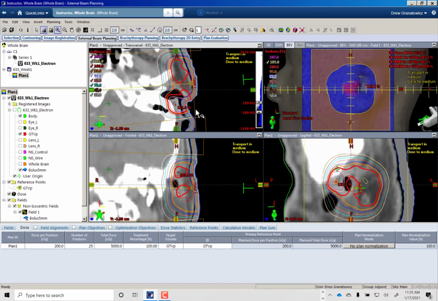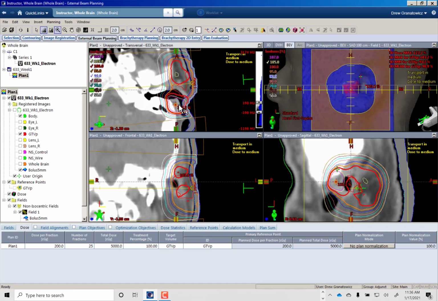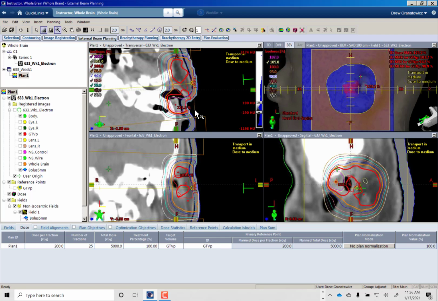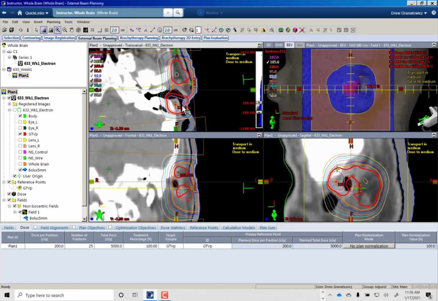So problem number one, we have this big indentation here and it's causing a huge hot spot. So that's the most concerning. Again, we can fill in this area right here and it will cool that down quite a bit. Or you can just leave it, and that's a conversation to have with your physician.